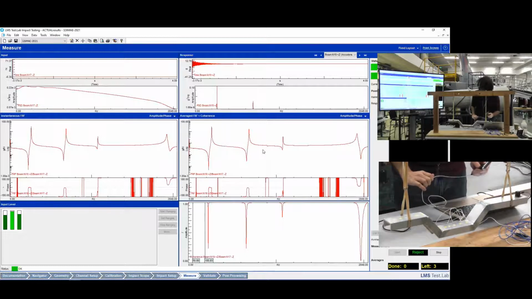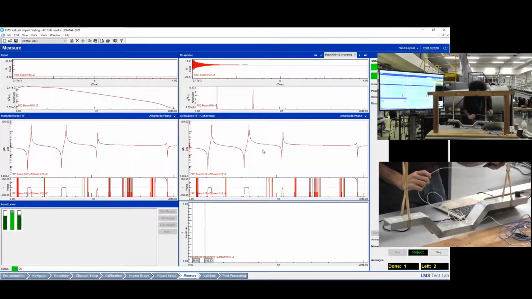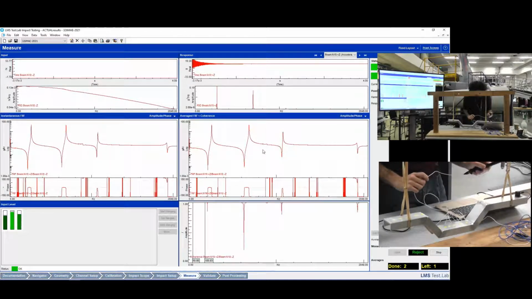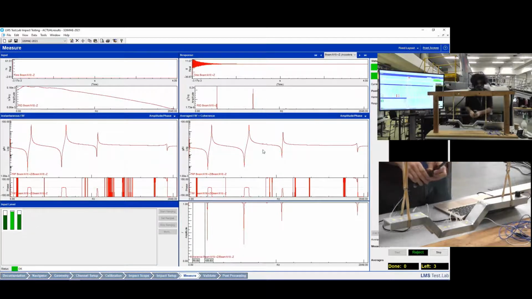And then 18. And that's it, because 19 we did with the driving point.